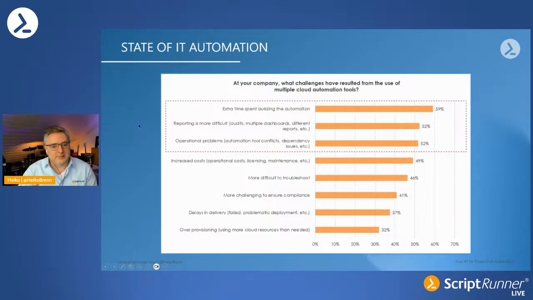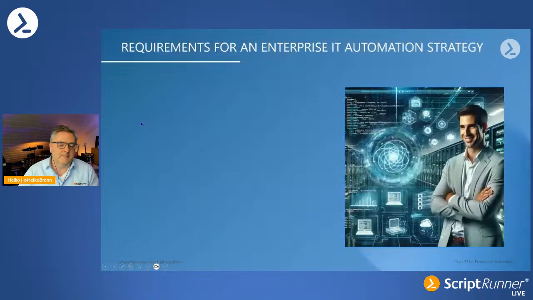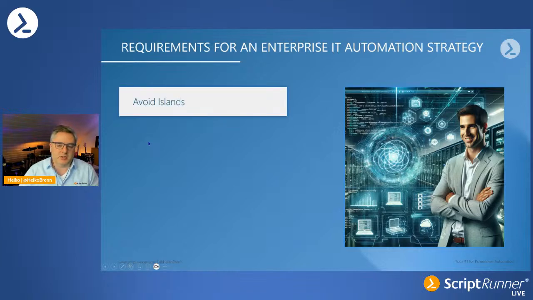So if we take all this into consideration, if there would be the best of both worlds when it comes to requirements for an enterprise IT automation strategy, we could say, okay, let's avoid islands, right? Or silos. I mean, islands are great for holidays and vacations, but maybe not so much for building an enterprise IT automation strategy.